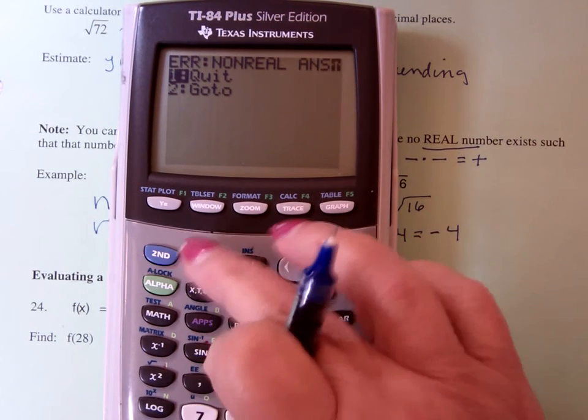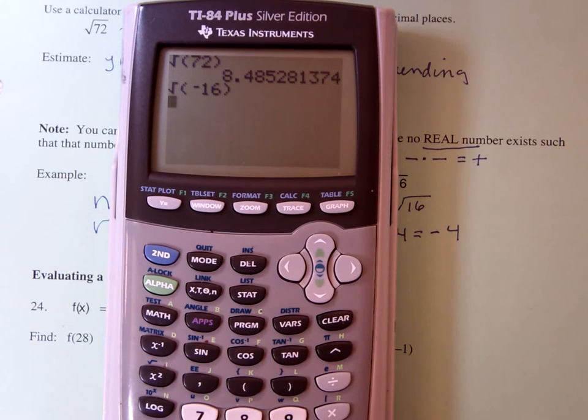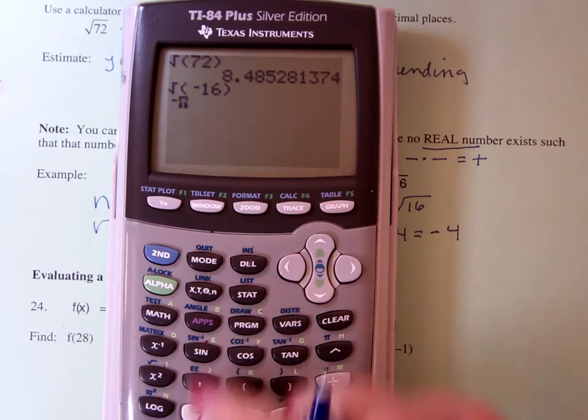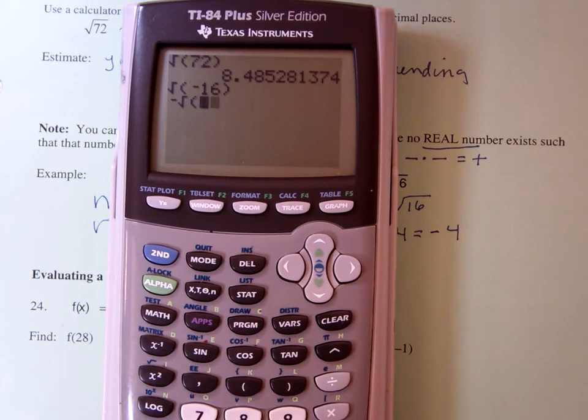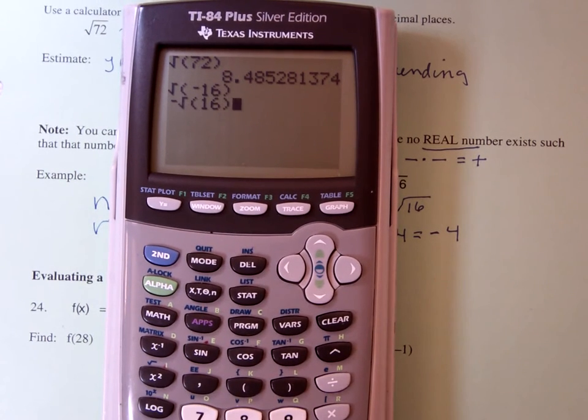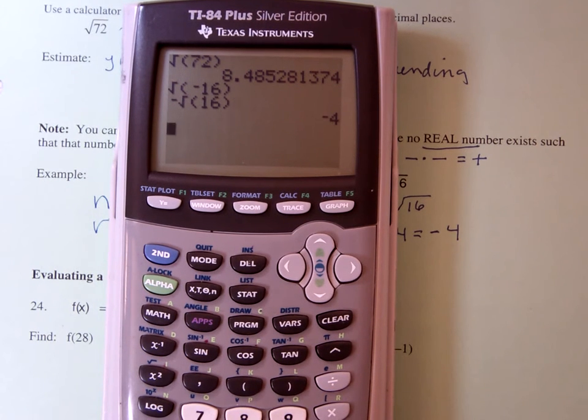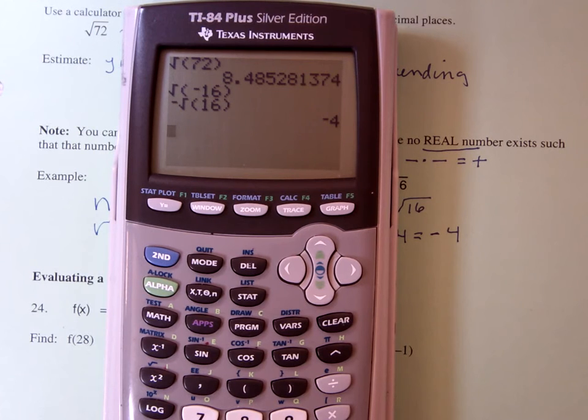However, if I take the opposite of the square root of 16, and now the negative's on the outside, not the inside, then you're going to come up with negative 4. So if you're doing a calculation, trust your calculator.